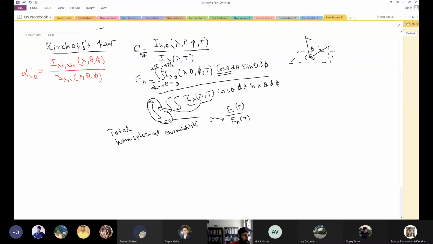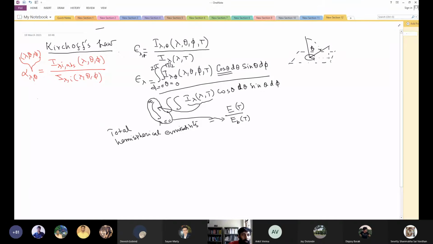I forgot to write the functionality here. This is the spectral directional absorptivity.